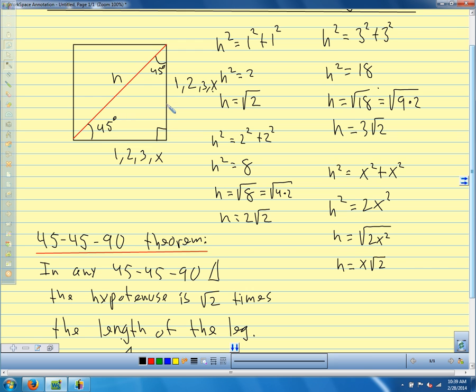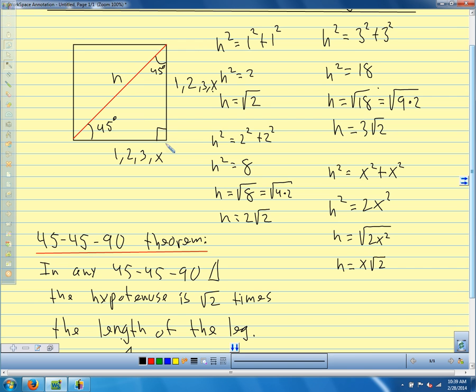Well, Hippasus wanted to tell the rest of the world that the diagonal of a square was not a rational number. That was a big deal. And the Pythagoreans wanted to keep it secret. They wanted everybody still to work with this idea of ratios of whole numbers.